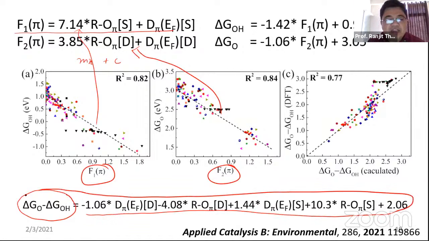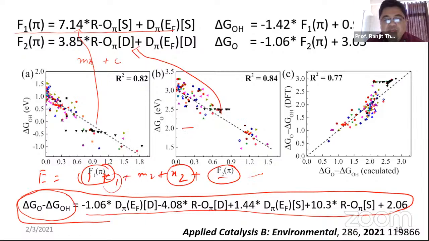This is just an analytical way, a simple way we have defined. The energy equals some parameter plus, suppose, m1 into x1, m2 into x2, like that. We know x1 and x2, because if you only calculate a surface, you can easily predict the pi electron of that surface.